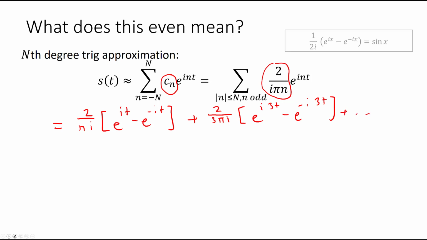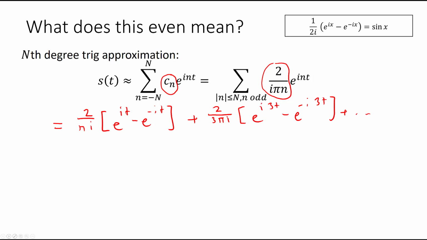If you recall the trigonometric Euler identity that 1 over 2i times e to the ix minus e to the negative ix is always sine x, then notice that each of these terms in parentheses here can be rewritten as a simple sine multiplied by 2i.